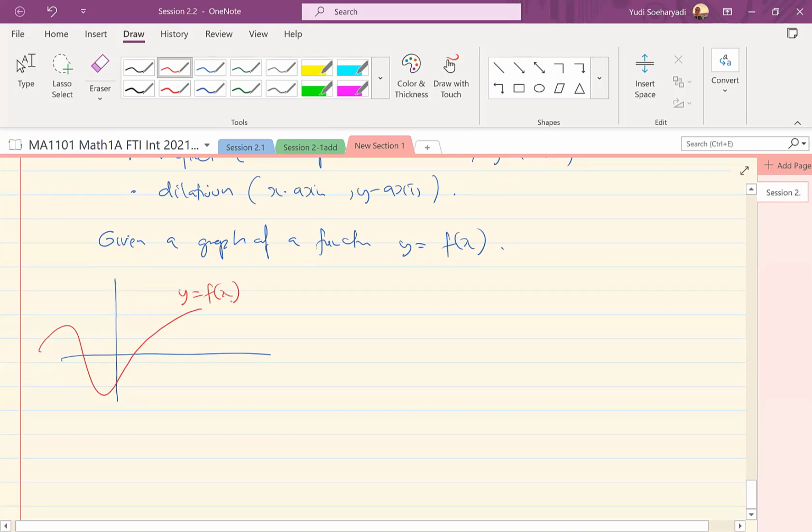And you can shift the graph up, down, along the x-axis, y-axis. Here you see the first one, y equals... First, x naught is positive. Or you can think this way.